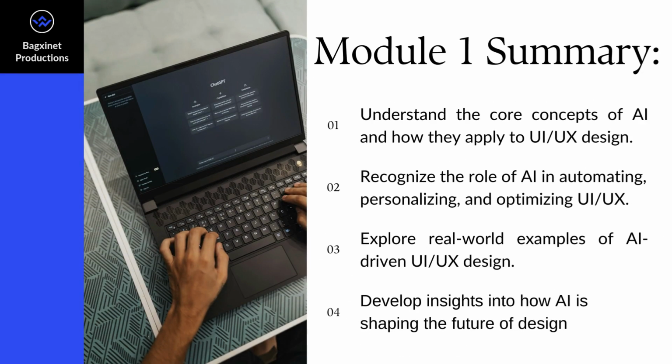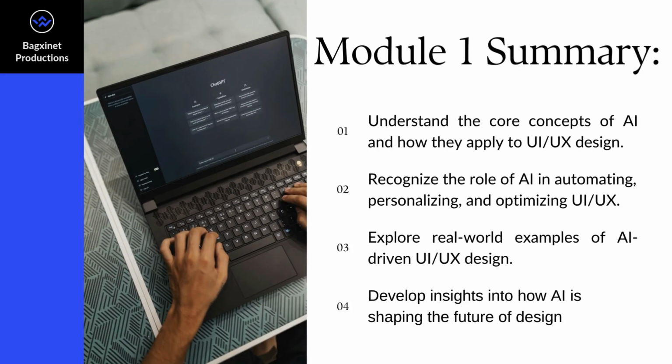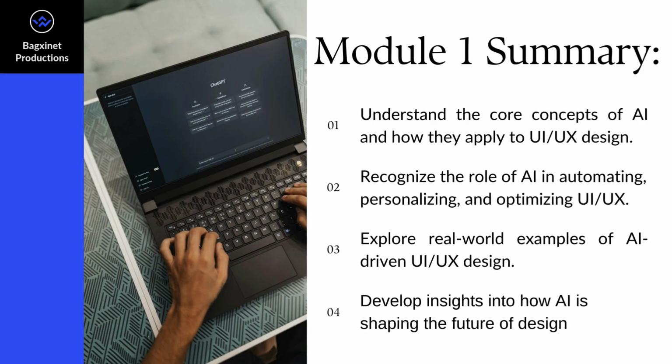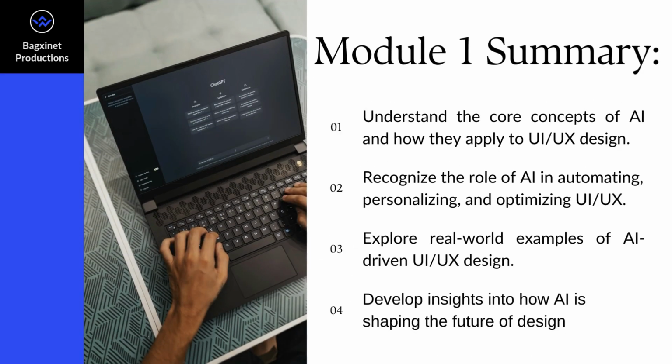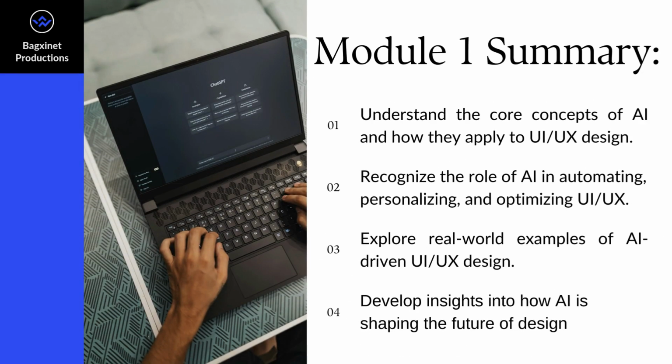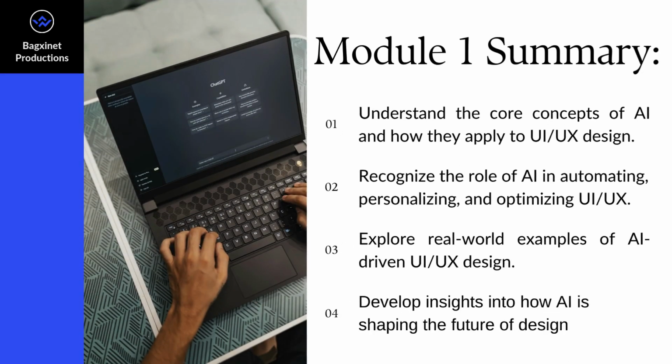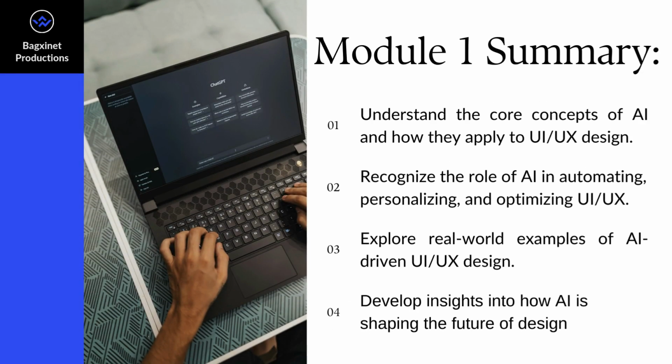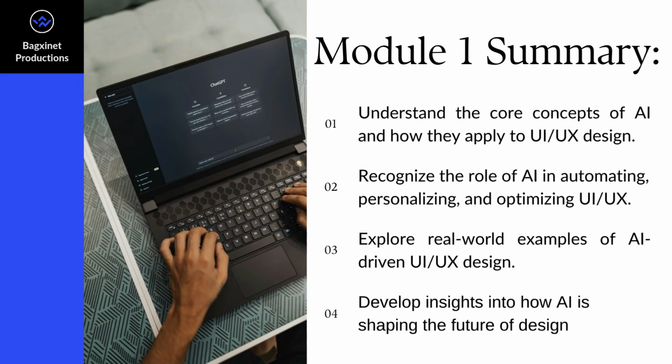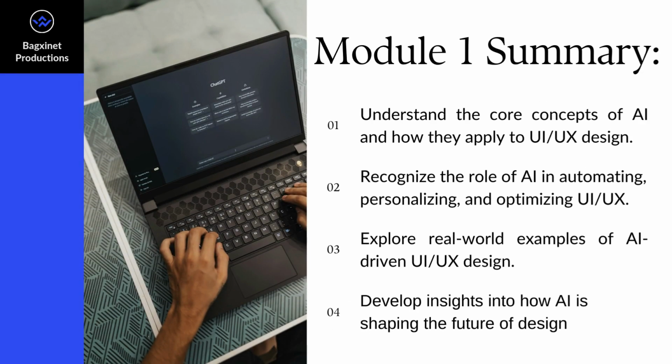Additionally, it is expected of you to explore real-world examples of AI-driven UI and UX. And then, finally, it is expected of you to develop insights into how AI is shaping the future of design.